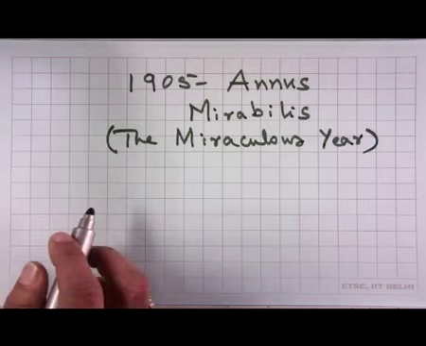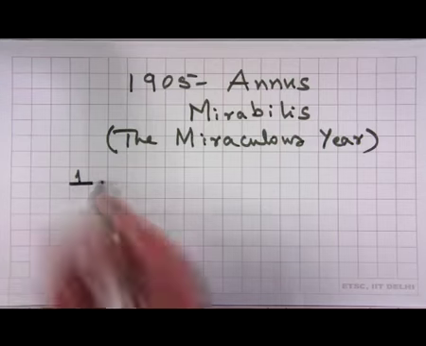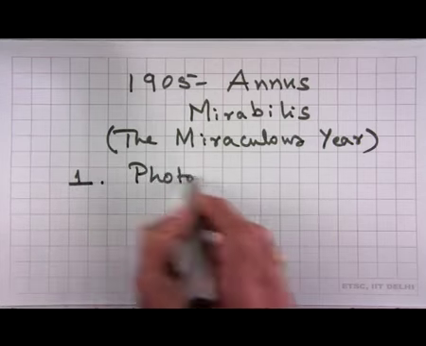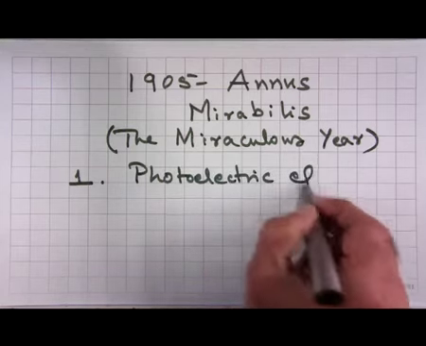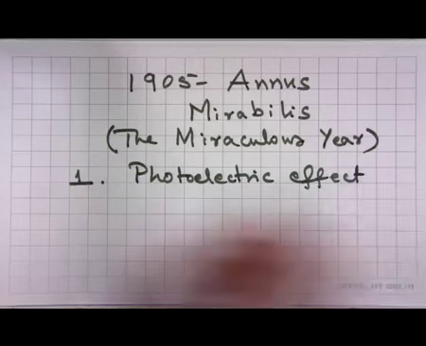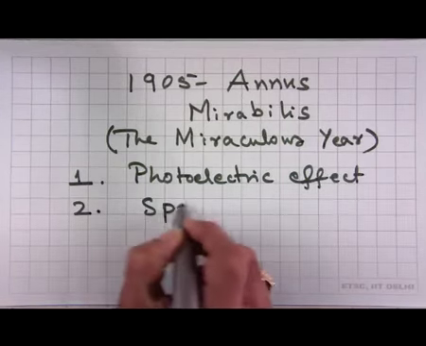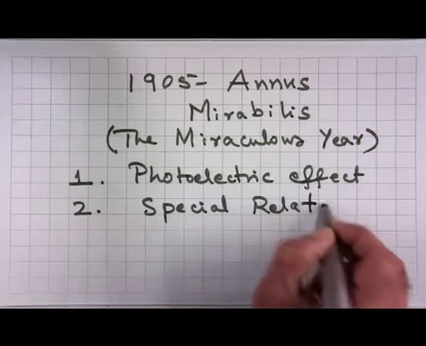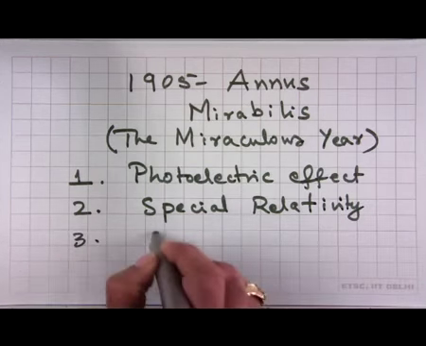Einstein wrote three fundamental papers in 1905. The first paper that he published was on the photoelectric effect. Then he published his paper on special relativity, and the third one was on Brownian motion.